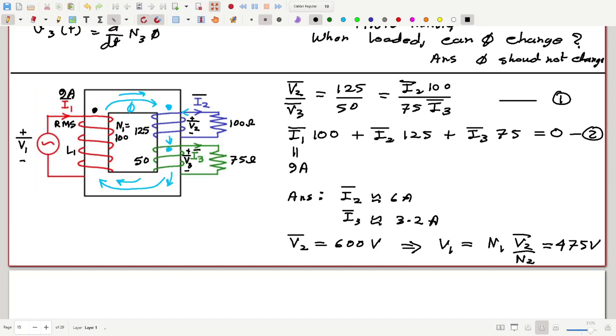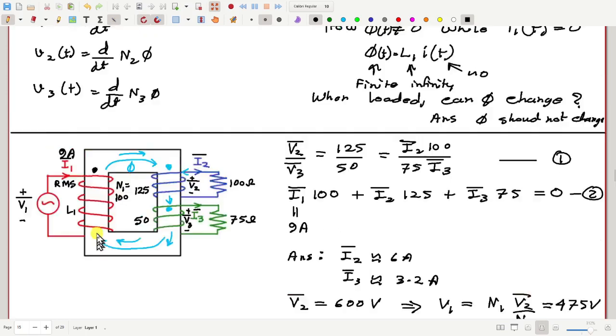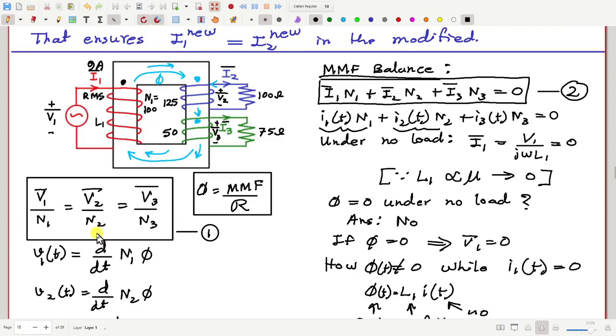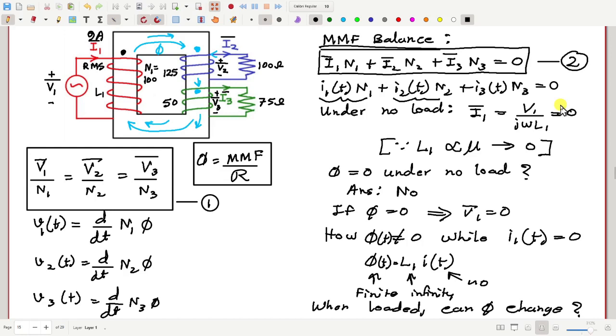Any question here so far? Sir, please explain the flux part. You mean why this equation 2 is correct? No, sir. Under no load and under load. Okay, so let me tell once again.